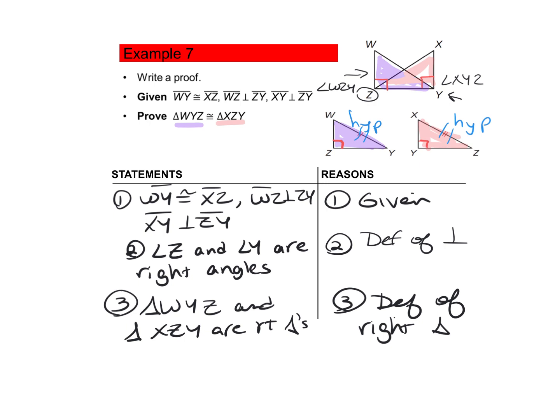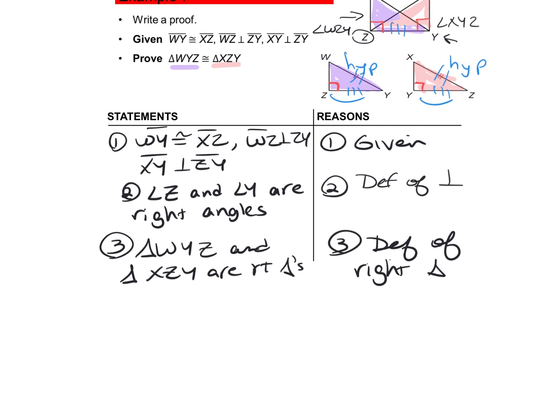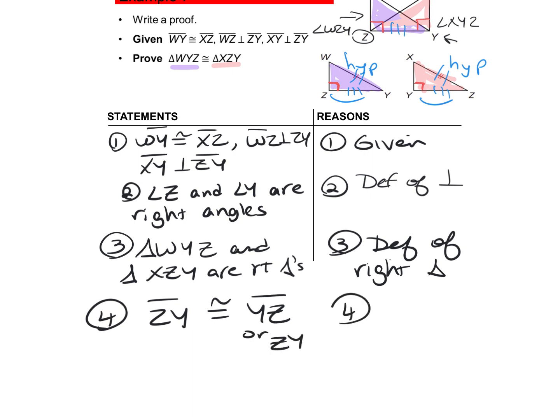And if you notice, this bottom of the triangle here, ZY, it's the same in both triangles. So I can say that ZY is congruent to YZ, it doesn't matter how it's listed, and this is reflexive because it's the same side.